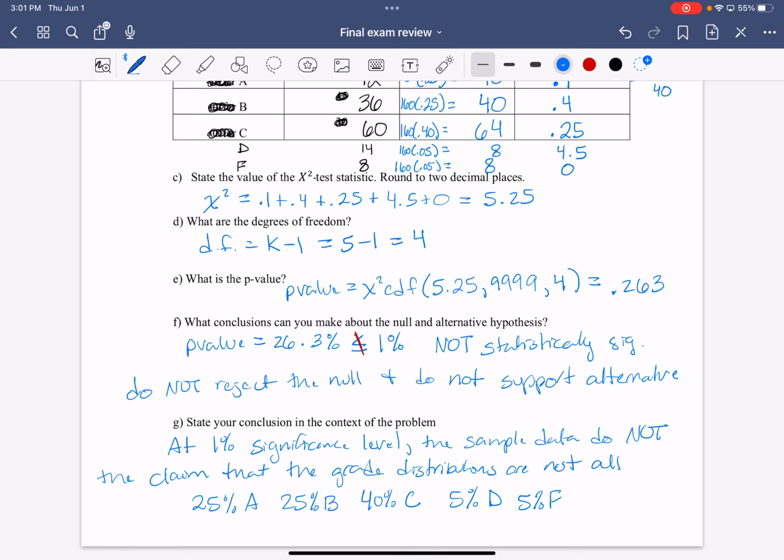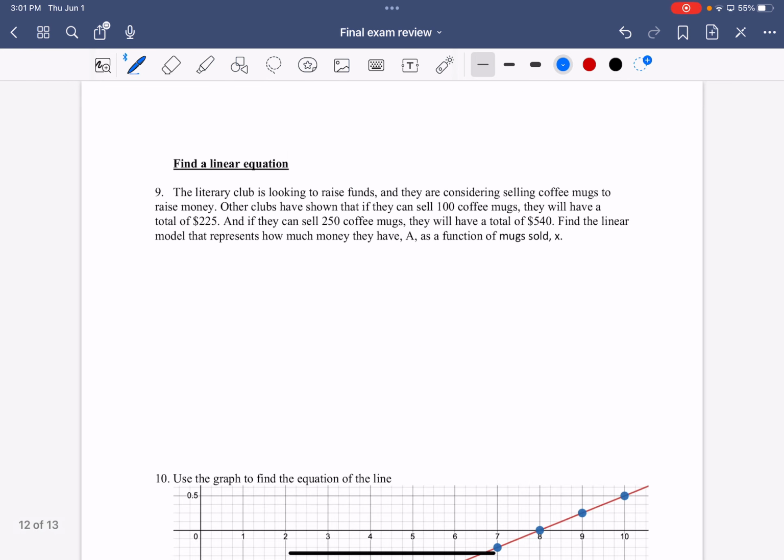The claim is that the grade distributions are not 25% A, 25% B, and so on. It's the same thing Chris asked about this entire semester. He doesn't get it. It's like two negatives make a positive type thing. Okay. Sure. I should have remembered that.